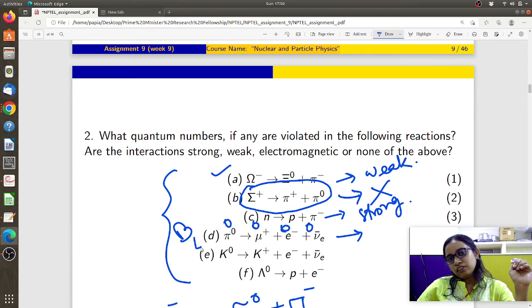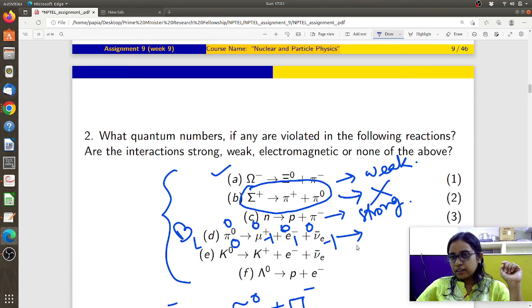But if I calculate the L number, L means lepton number. This is not a lepton, that means 0. But mu plus is a lepton, so if I am talking about mu plus, what will be the value? It is -1, because mu minus is a lepton basically, and mu plus is an antilepton. So for L, mu plus is -1, e minus is +1, nu e bar is again -1.